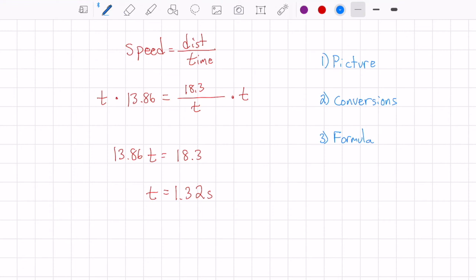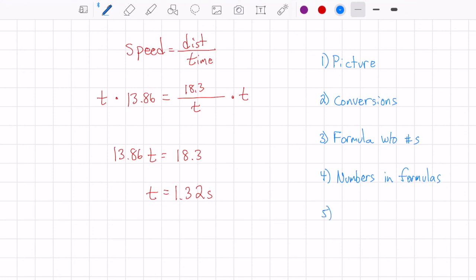Then you want to always convert to standard units, meters, meters per second, and seconds. Then you want to show your formula without numbers, just in words or symbols. Then you want to show the numbers that you plugged in. Again, make sure you're plugging in meters for distance, seconds for time, and meters per second for speed.